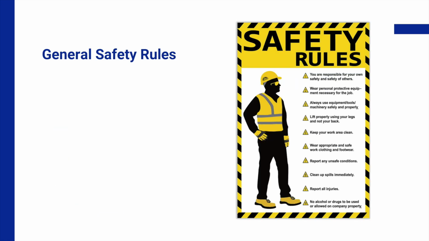Okay, and now we will look at the general safety rules. In addition to PPE, there are general safety rules that must always be followed in the workshop. Machines should only be operated after proper instruction or training. Tools and workpieces must be properly secured, and work areas should be kept clean to avoid accidents.